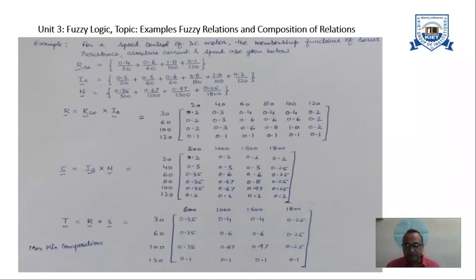So our objective is to find a relationship between the resistance of the motor and the number of rotations of the motor. We are not using any electrical formula.